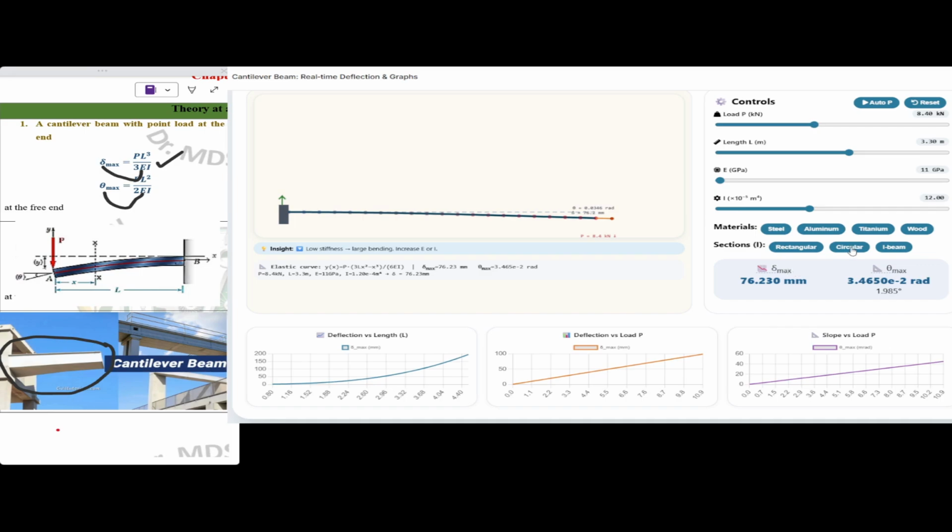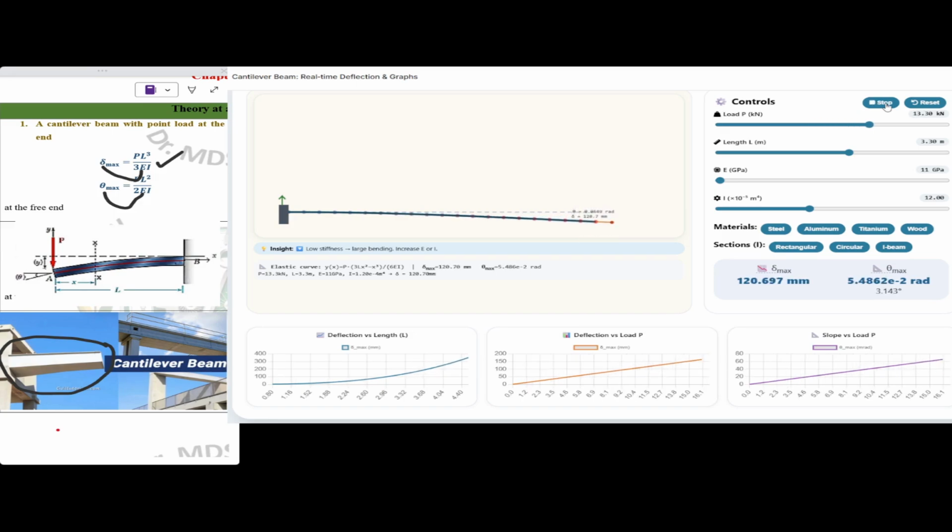Theta for circular is 5.2, I is 3.4. What does it mean? As we choose the I beam section, we get lesser deflection value and lesser theta value.